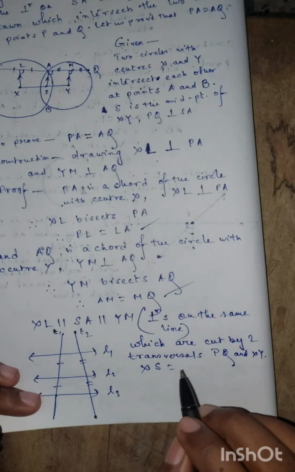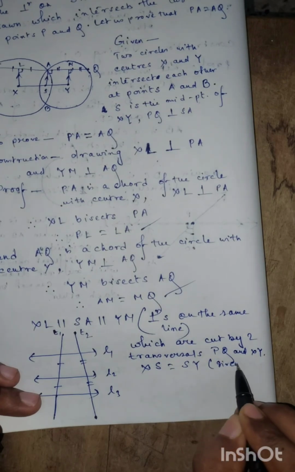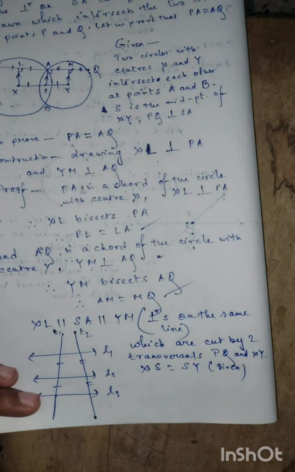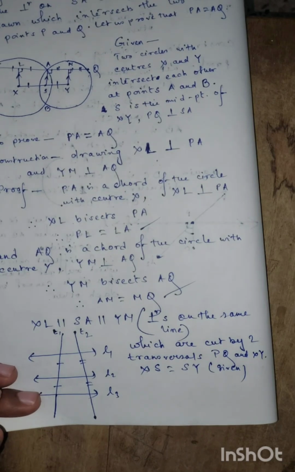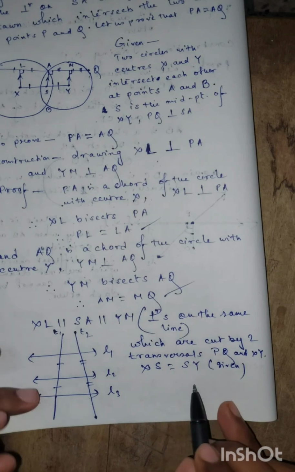XS is equal to SY. It is given that S is the midpoint of XY. It is given in the question. So XS is equal to SY.